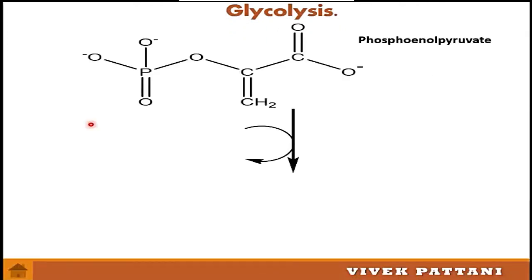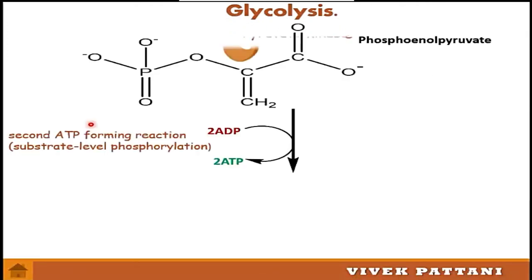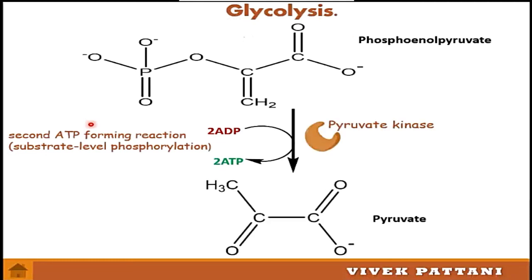Now moving forward, phosphoenol pyruvate will be converted into finally the end product of glycolysis with the help of the enzyme pyruvate kinase.